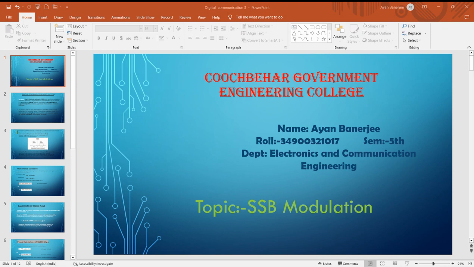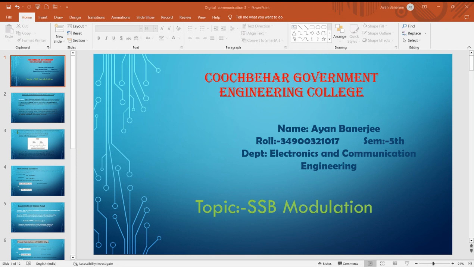This SSBSC system, which transmits a single sideband, has high power, as the power allotted for both the carrier and the other sideband is utilized in transmitting the single sideband.